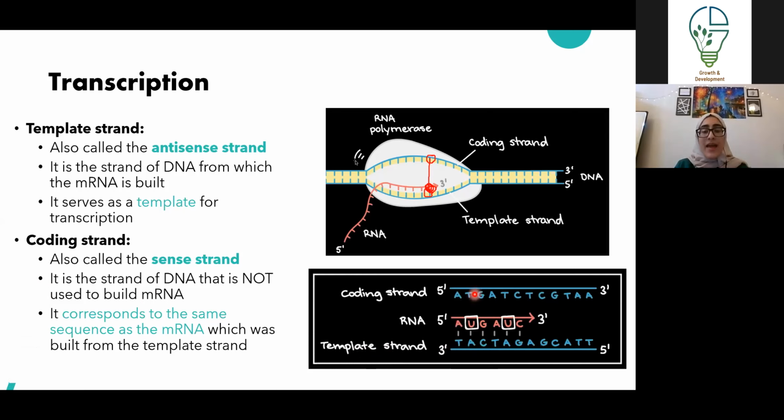But apart from that, the coding strand is exactly the same as the RNA, where it's an A, it's an A, G is the same, A is the same, C is also the same. The only difference is the fact that thymine is no longer thymine and it is uracil in the RNA. So it's exactly the same. It corresponds to the same sequence. The coding strand corresponds to the same sequence as the mRNA, which was built from the template strand. Any questions before I move on?